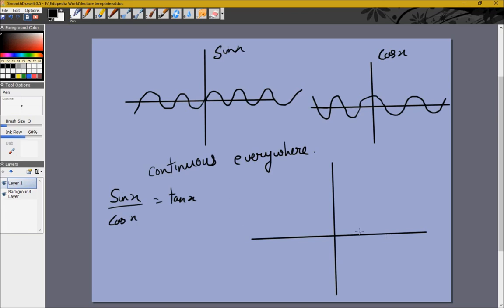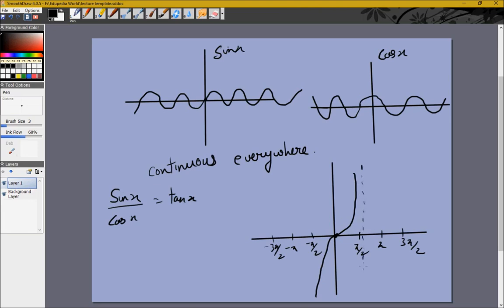So this is 0, pi by 2, pi, 3 pi by 2, minus pi by 2, minus pi, minus 3 pi by 2. At x equal to 0, tan x is 0. As x approaches pi by 2, tan x approaches positive infinity. And as x approaches minus pi by 2, tan x approaches negative infinity. So between minus pi by 2 and pi by 2, this is how the graph looks.